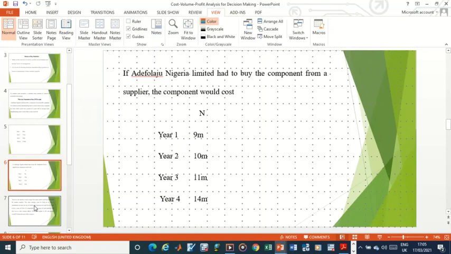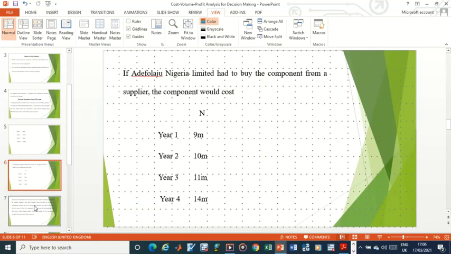Alternatively, if Adefolaju had to buy the components from a supplier, the component will cost the following. For the first year, it will cost 9 million naira. Second year, 10 million naira.